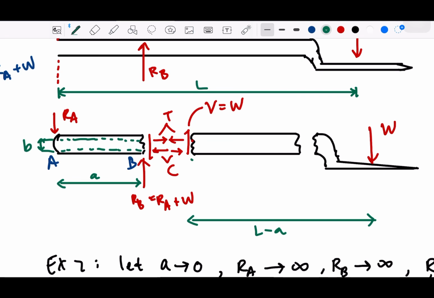We cut the shuffle at the handle, at point B. So we have a transverse shear force equal to W, which is required to satisfy the equilibrium.